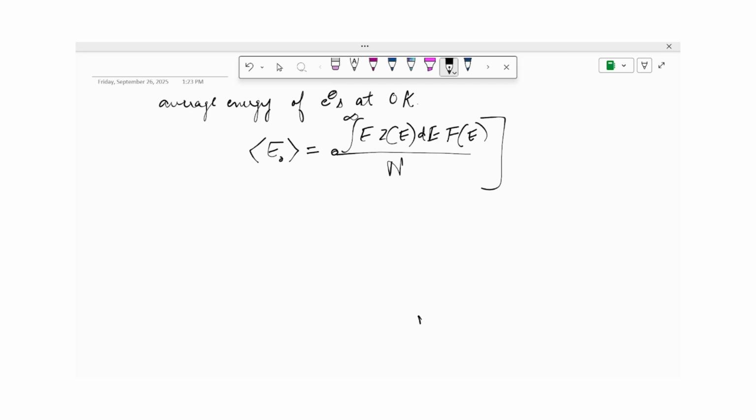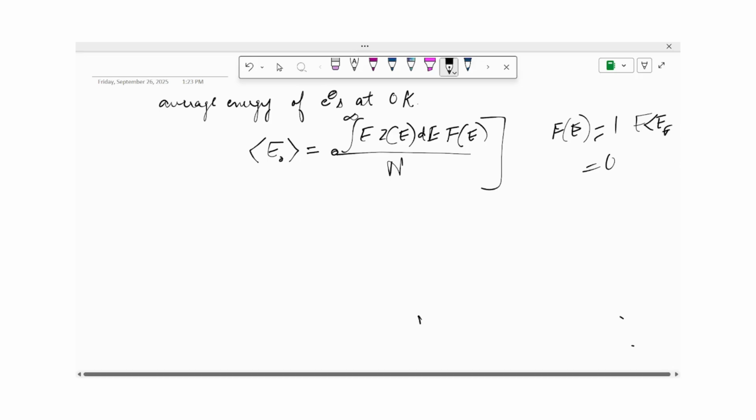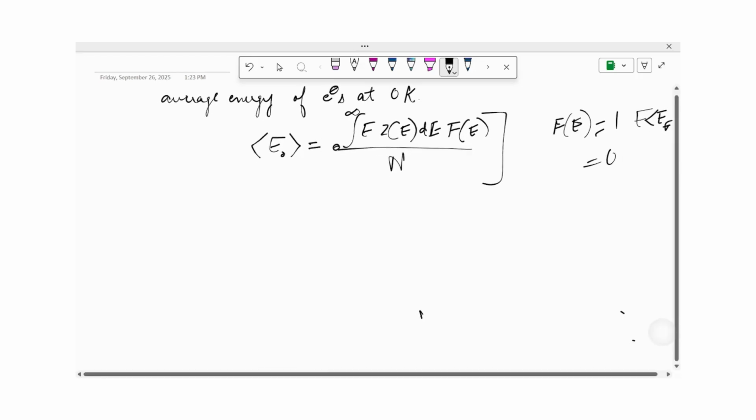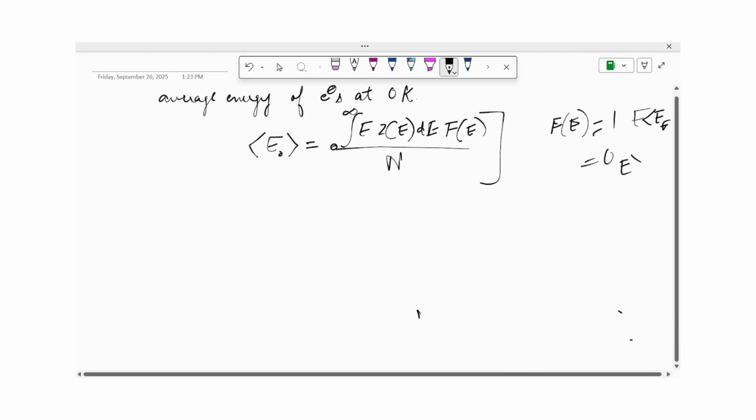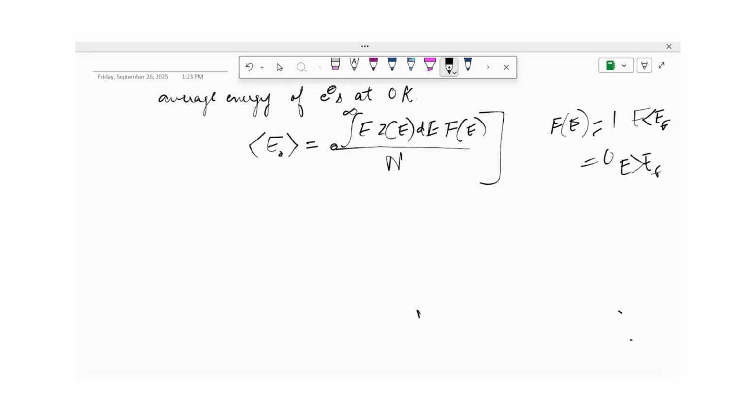Just doing a small calculation, we here know that F is again 1 and 0 for E less than EF and for E greater than EF. So for the integration from 0 to EF, we will have F(E) to be 1. And for the integration from EF to infinity, we'll have F(E) to be 0.